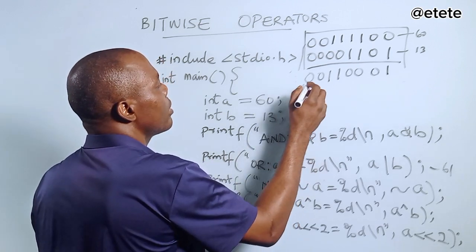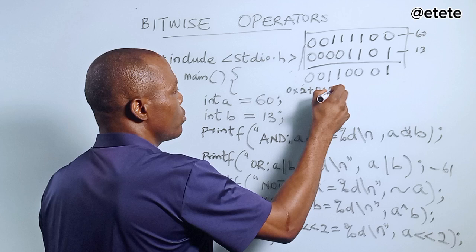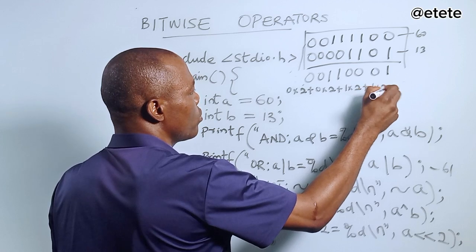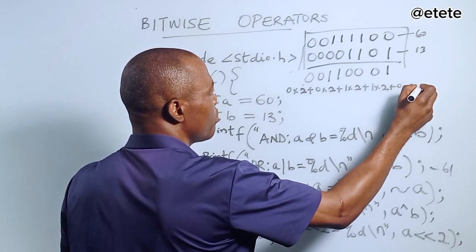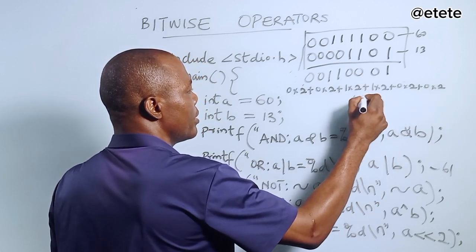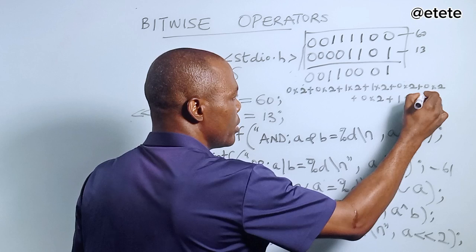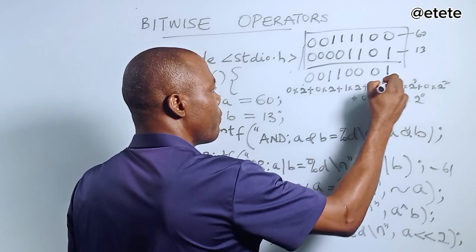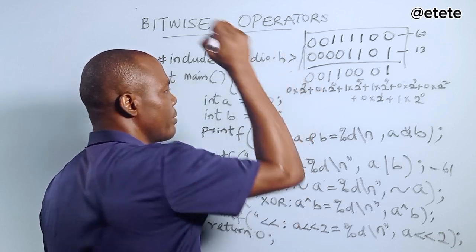That would be 0 times 2 to the power 0, plus 0 times 2 to the power 1, plus 1 times 2 to the power 2, plus 1 times 2 to the power 3, plus 0 times 2 to the power 4, plus 0 times 2 to the power 5, plus 0 times 2 to the power 6, plus 1 times 2 to the power 7. The powers run from 0, 1, 2, 3, 4, 5, 6 and 7.